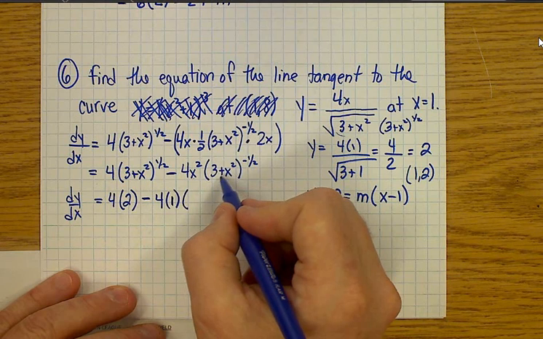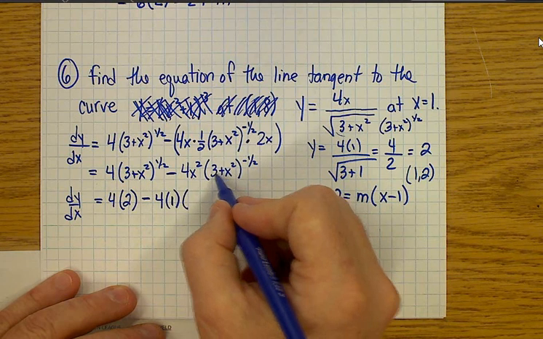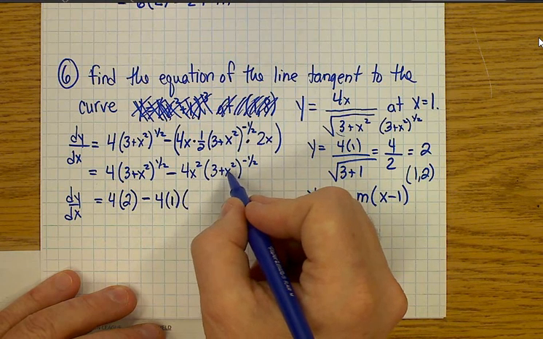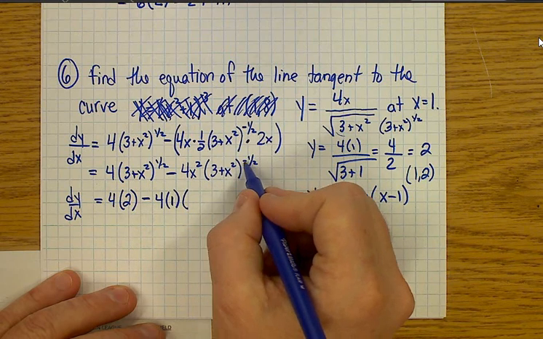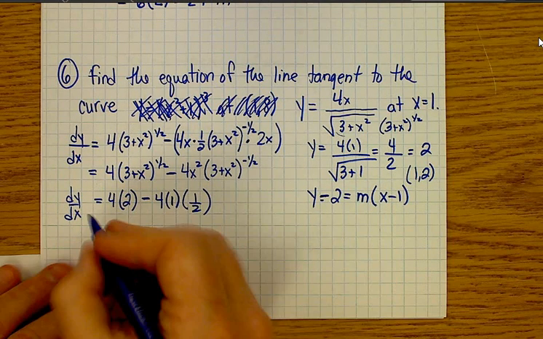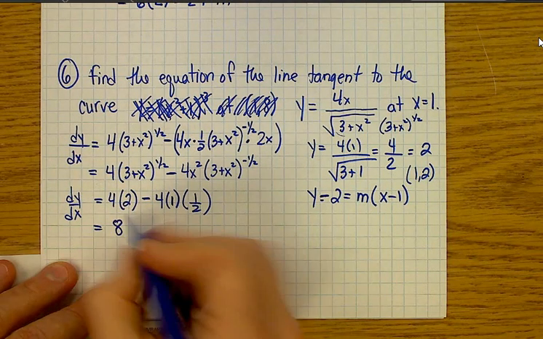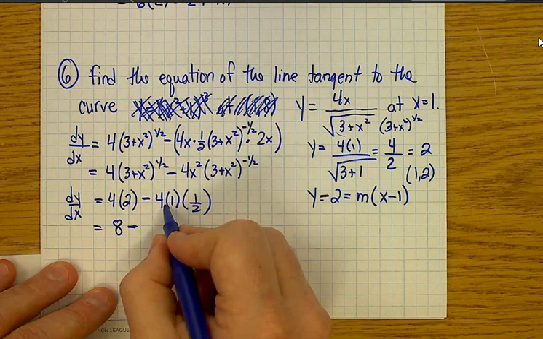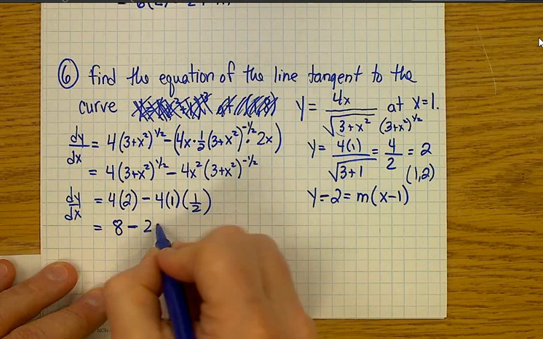This is going to be 3 plus 1, again, which is 4. The square root of 4 is normally 2, but it's to the negative 1/2 power, so this is 1/2. So this is going to equal 8 minus 4 times 1/2 is 2. Answer 6. So it works out really, really nice.